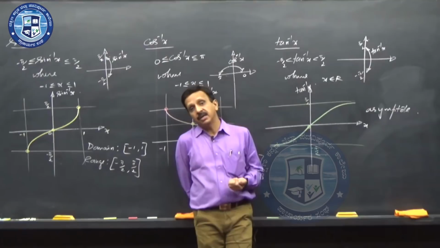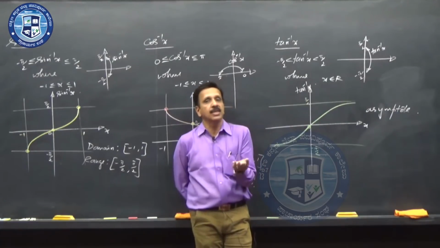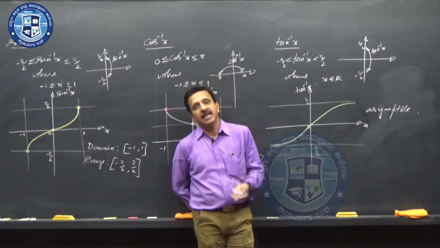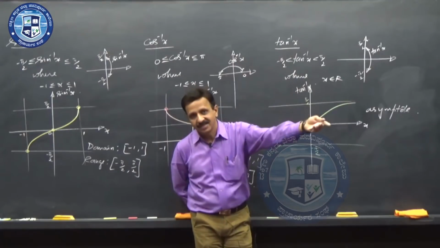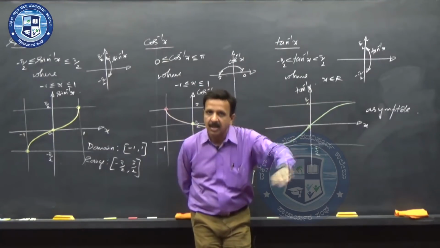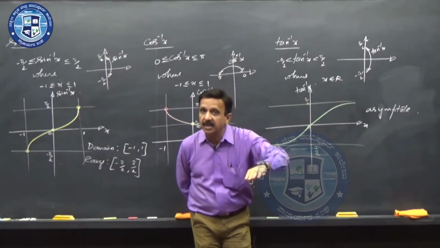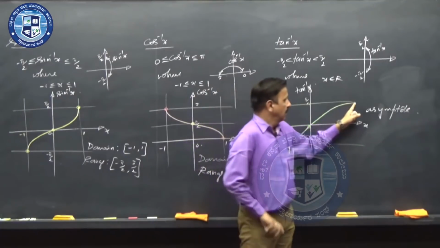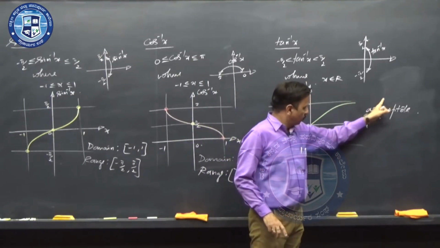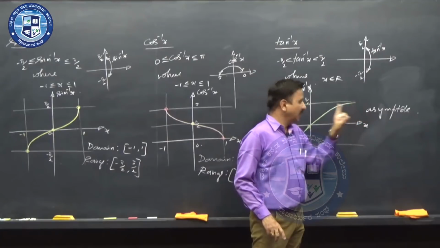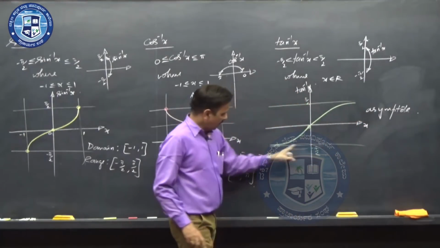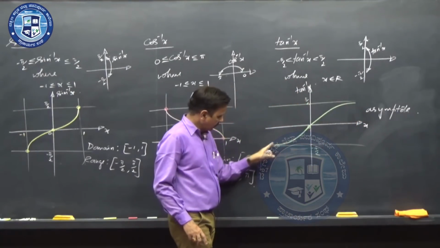It will touch only at infinity. Another way of telling is that an asymptote is a tangent to a curve at infinity. Look at this. That's why this line is an asymptote and the curve is an asymptotic curve. Here also this line is an asymptote and the curve is an asymptotic curve.